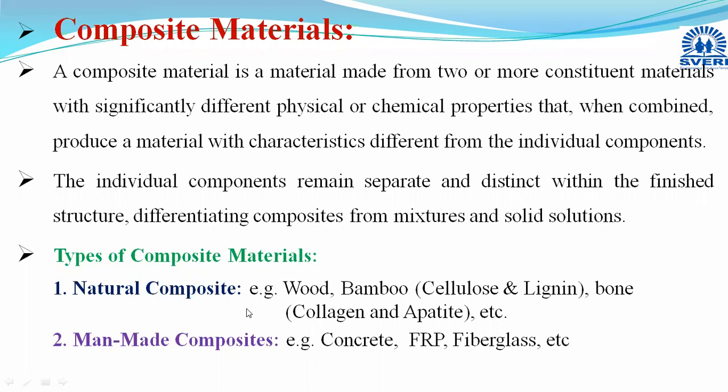An example of a natural composite material is wood or bamboo. Wood or bamboo is made from two materials, cellulose and lignin. Both wood and bamboo consist of two separate materials, cellulose and lignin. If you observe them carefully, these two are separately and distinctly visible in the finished product, in bamboo or wood.